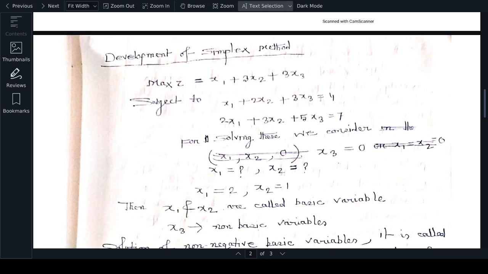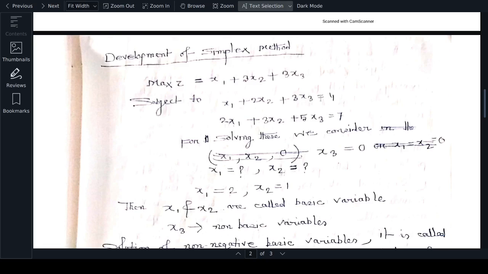Say we consider x3 equal to 0. If x3 equal to 0 and we substitute in these two equations, then you see two variables and two equations, since the x3 variable does not appear. So we find two equations, two variables, x1 and x2.